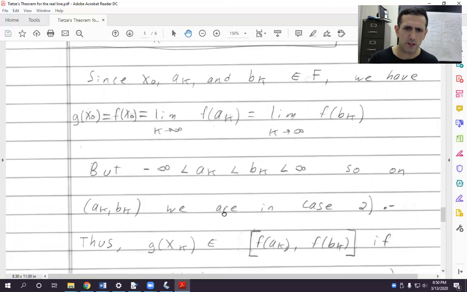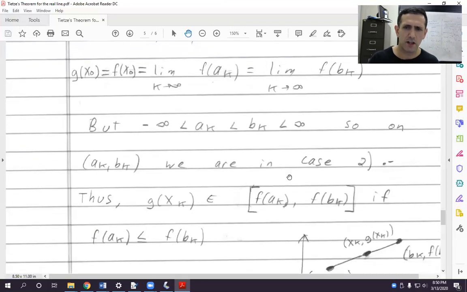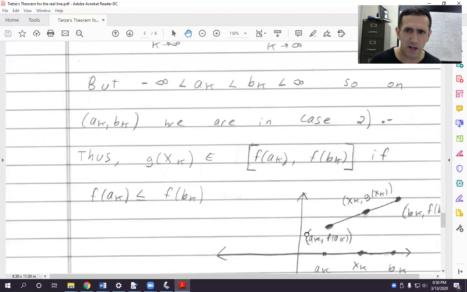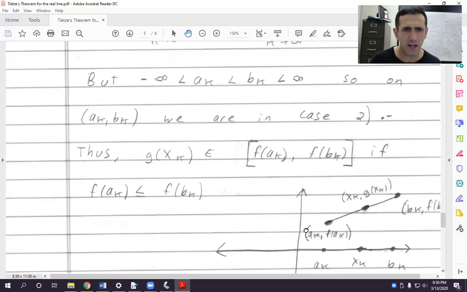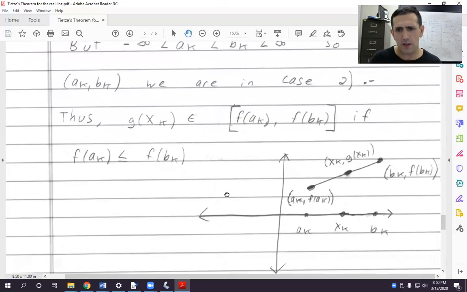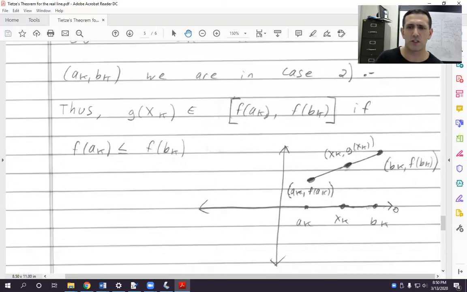Okay. So this means that g of xk is between f of ak and f of bk if f of ak is less than or equal to f of bk. And that's just from the picture here. So the picture in this case is f of ak is less than or equal to f of bk.